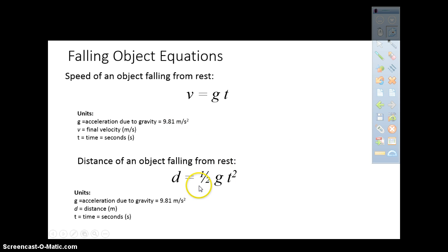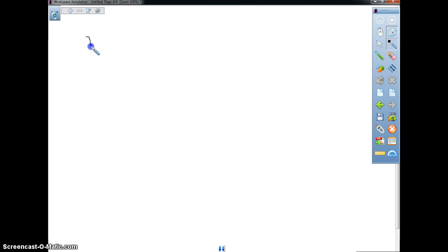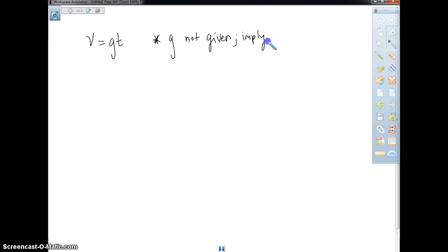So, as you can see, v is velocity, how fast you are going. g is the acceleration, which will be 9.81, and t is time in seconds. d is how far you've gone, or your distance. The 1/2 is literally just 1/2. g is 9.81, and t is time in seconds. So v equals gt. A couple notes: g is not given in the problem. You should imply that you know this, or in other words, you could look this up, it's implied.